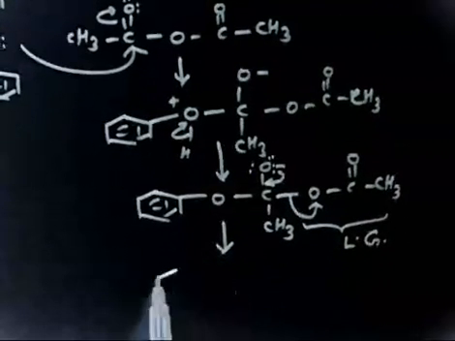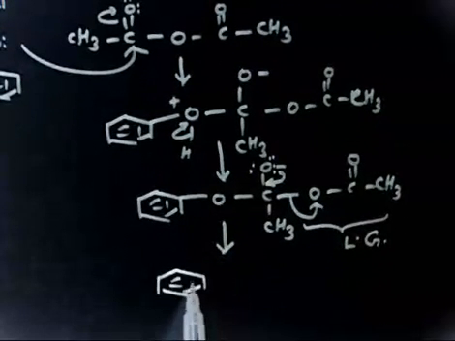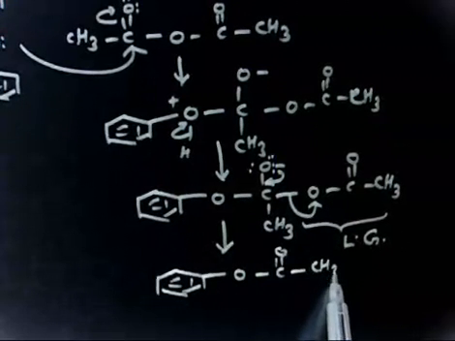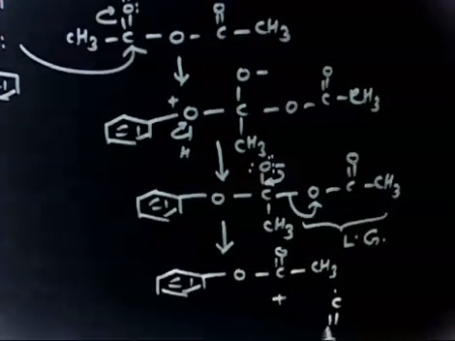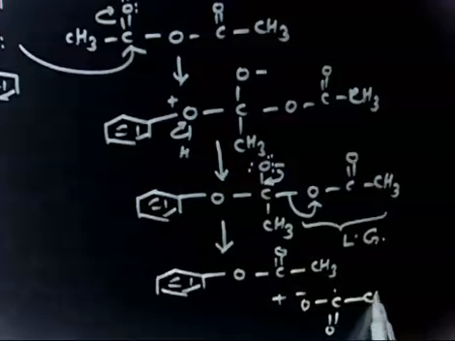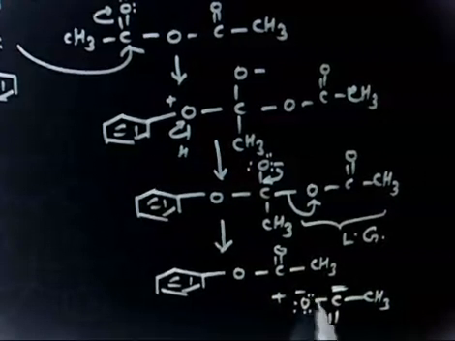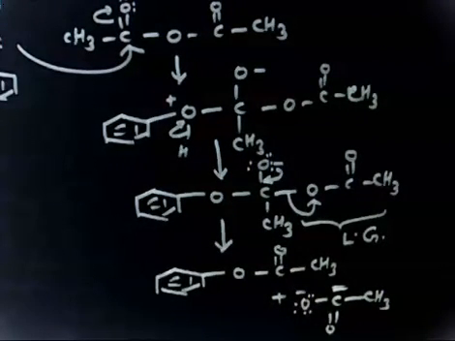So if this happens, we will have something like this, O, CO, CH3, and then it will go away with this one. This molecule is gone, it is simply CH3COO minus. Nothing else is there. Are you getting it? You get this compound, so you have derived this product.